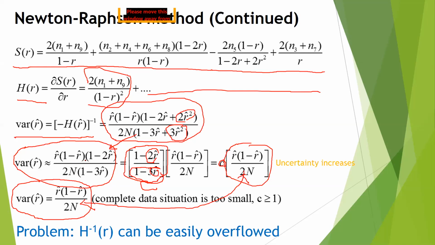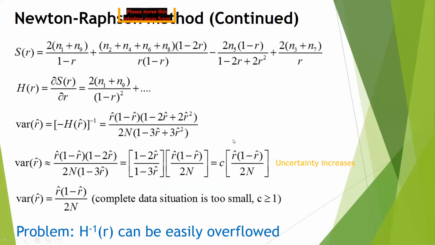Oh, okay. Let me remove this. So yeah, this is tricky, but it is very important. Let's do this again. Okay, so this variance is equal to this. So this represents what?